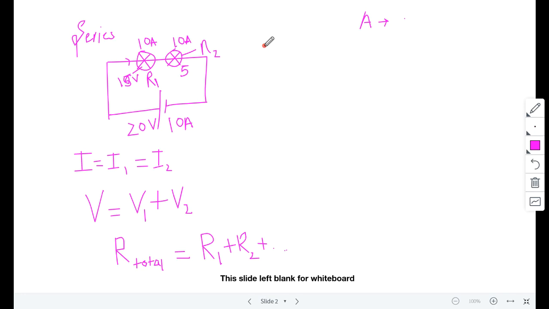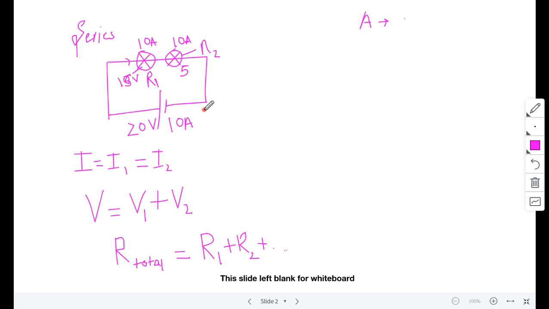Once I find them out and they ask for the total resistance, I'll put this equation with however many resistances there are, let's say 5 plus 2 plus 3, and so on, right?